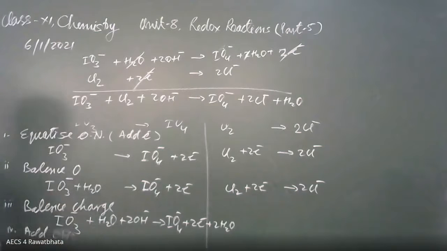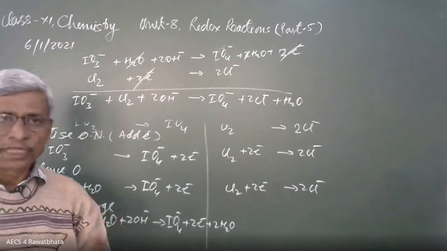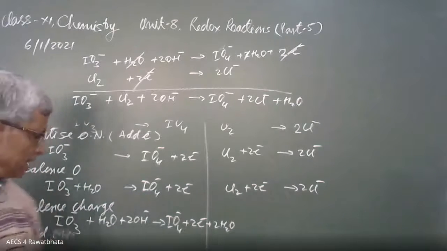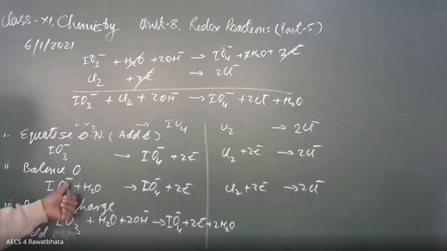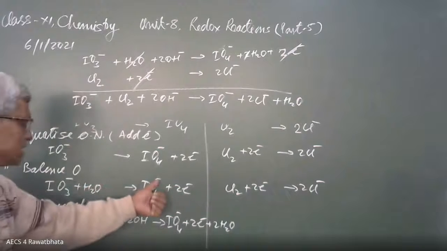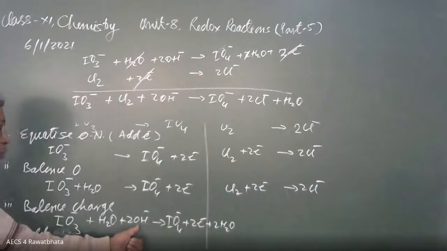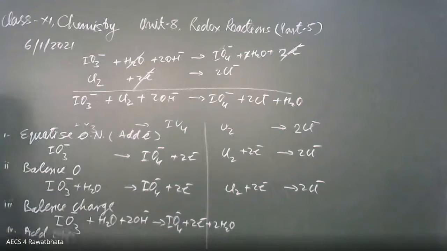While balancing charge in basic medium, we have to add OH minus as per the need. See here, 1 minus, and this side 1 minus and 2 minus, 3 minus. That's why 2 OH minus is added to equalize charge. 1 minus here and 1 minus here. In this way, charge is also balanced.